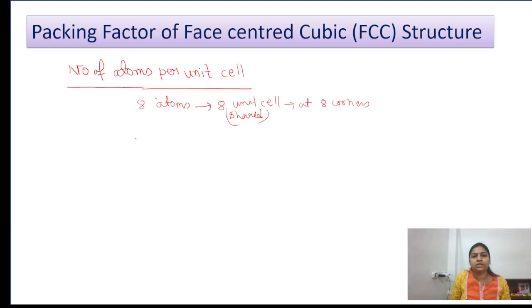Along with this there are 6 face-centered atoms, each shared by 2 unit cells.